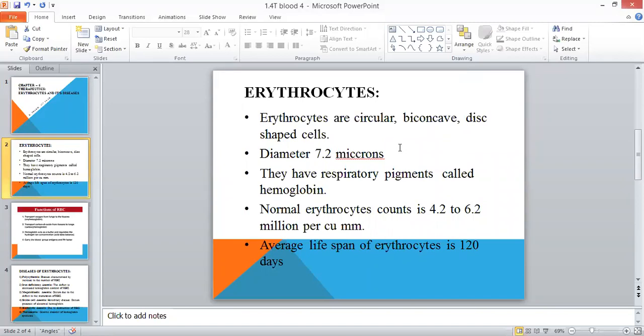Protein, iron, vitamin B12, folic acid, thyroxine, and trace amounts of copper and manganese are required for the synthesis of erythrocytes or red blood corpuscles. The average lifespan of an erythrocyte is about 120 days.